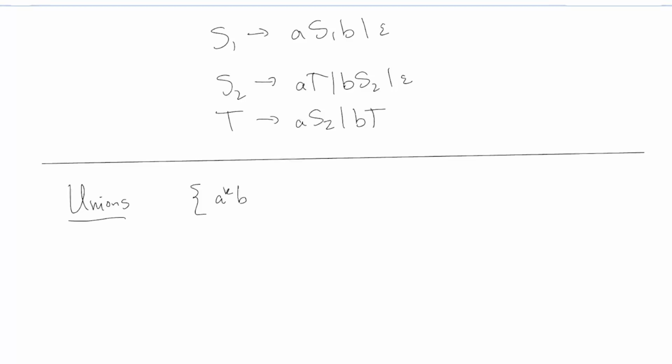A to the K, B to the K, but instead of one after another, I'm just going to say union X, such that X has an even number of A's. Rather than these strings just being stuck on the end of each other, I just want a language which is either the first format or it's the second format. That's what union means, right? All strings which either look like this or they look like this.